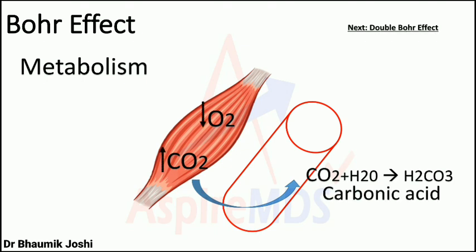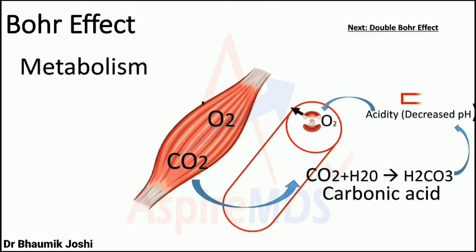Now this carbonic acid will increase the acidity, and we know when the acidity increases, the curve shifts to the right side, and when the curve shifts to the right side, there will be dissociation of the oxygen from hemoglobin. So this oxygen which is dissociated from the blood will enter the tissue, which will provide for the lack of the oxygen that was there.